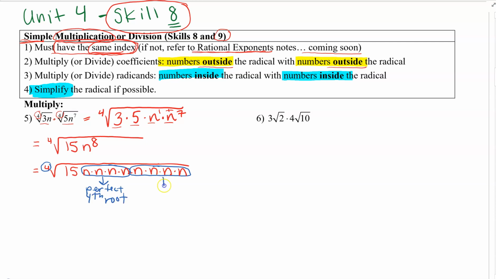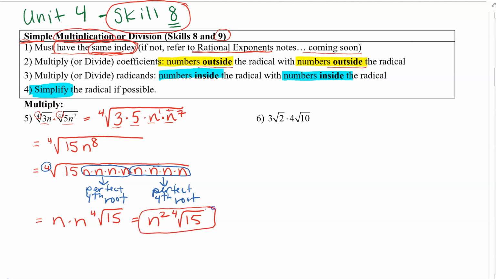In this case, it's a 4. So I have 2 perfect fourth roots of n, right? So for every time you have a perfect root, you can take it out of the radical. So I can take one n out and then another n out, and then I'm left with the fourth root of 15. Or this is n squared times the fourth root of 15 when you simplify. So that would be my final answer right there.